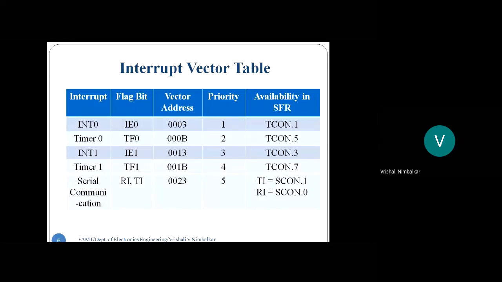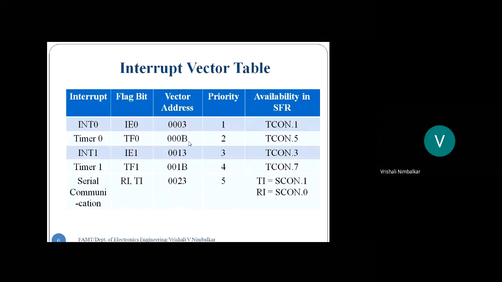Okay, students. Now see here, if I look into those addresses, I had told you earlier also, 3 of how many locations far is that letter B? So 3, 4, 5, 6, 7, 8, 9, A, B. So just a gap of 8 memory locations, and I have the vector address for another interrupt, timer 0.